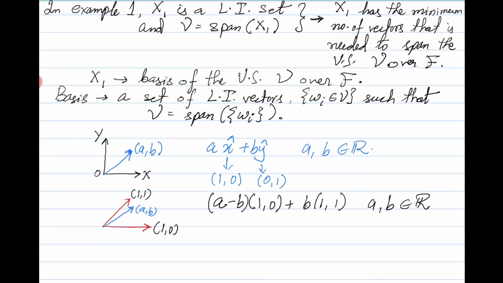They can be inclined at any other angle. So here (1, 0) and (0, 1) act as the coordinate axes, where we say a times about x and b times about y. So a times about (1, 0) and b times about (0, 1), so that you get the vector (a, b) in the vector space. Or we are saying a minus b times about (1, 0) and b times about the (1, 1) axis, so that you get the vector (a, b) in the vector space, which is R2 in our case.